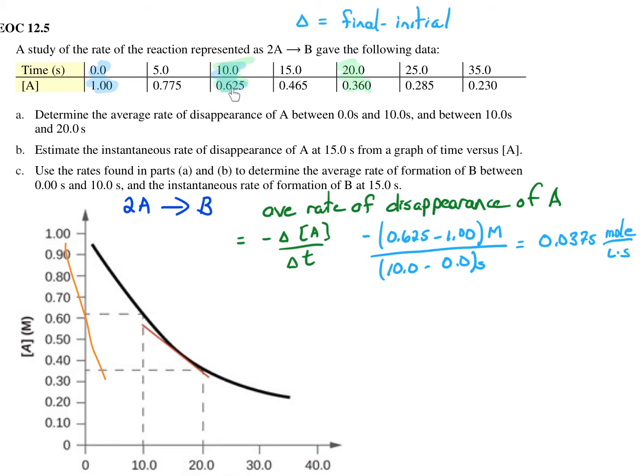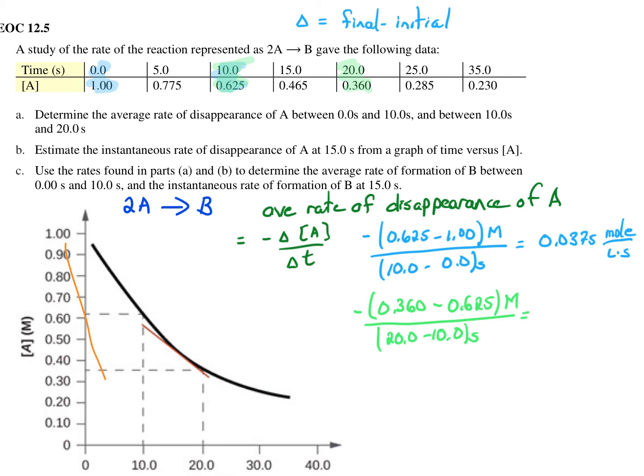Our second time interval is from 10 to 20 seconds, and we can again read our values directly off the table. 0.360 molar minus 0.625 molar, and our time frame is 20 minus 10.